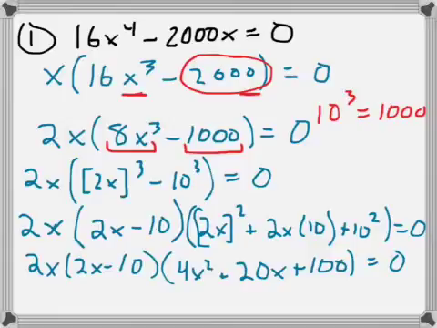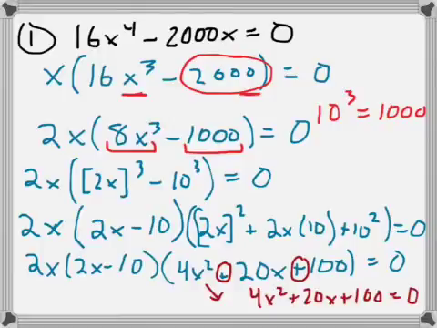What's nice about SOAP, when all three of these terms are positive here, there's going to be no solutions to 4x squared plus 20x plus 100 equals 0. There's going to be no rational solutions at the very least.